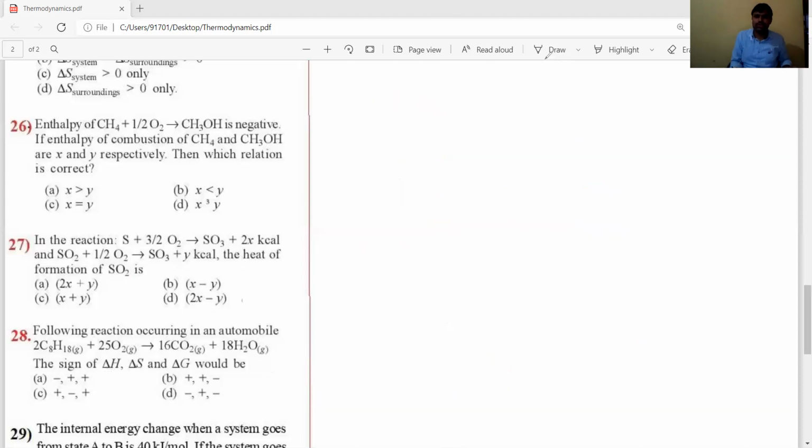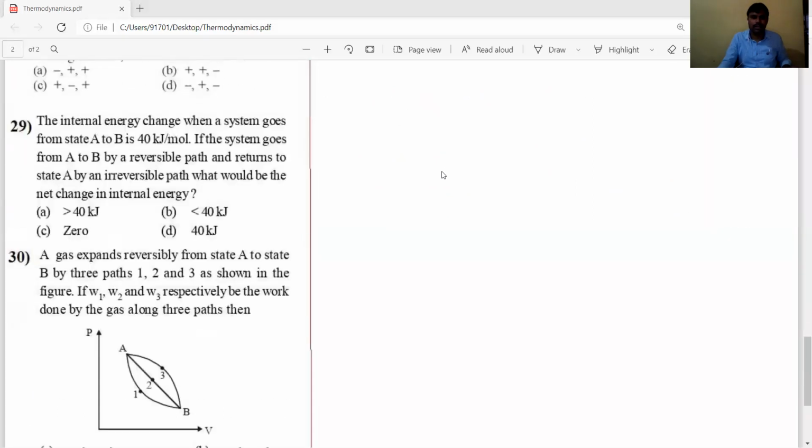And let's go to the 29th question, dear students. If you observe, a system is changing from A to B. A is converting into B. So in a closed system, A is converted into B in a reversible process.